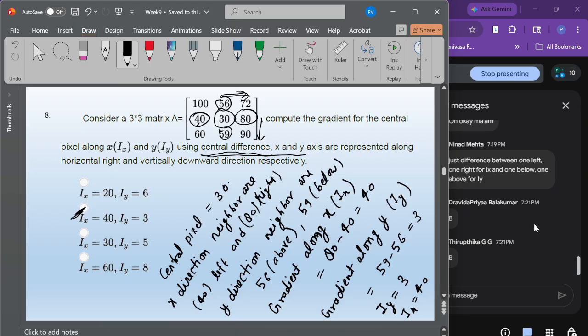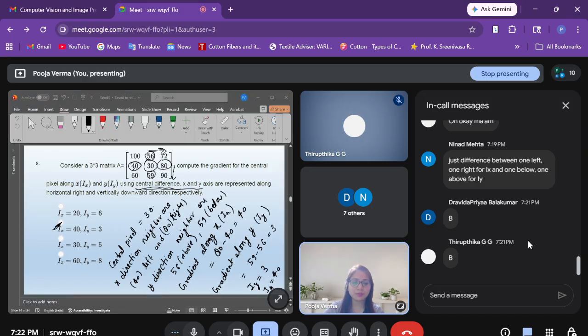They are asking for the central difference, so just take the left and right difference, and the below and above difference. Option B is the correct answer for this question. Is it fine to all of you? Any doubt?